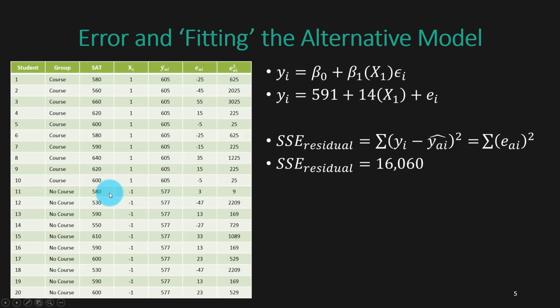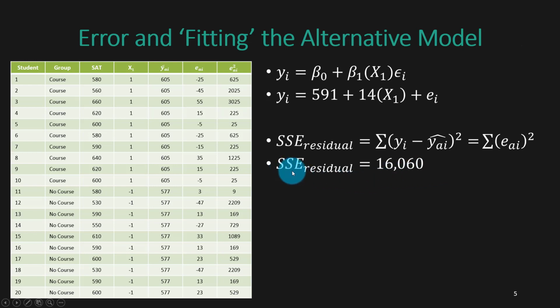For everyone in the no course group, we take their actual value, compare it to 577, and get a difference. Some people will be below that estimate, some above, so we square the errors to make sure they don't cancel out. Then we add up the total sum of squared errors, and this tells us how much of y remains unexplained after accounting for the variation due to x.